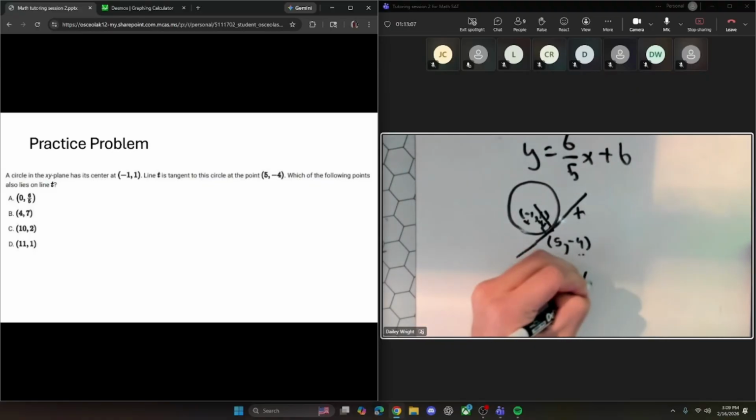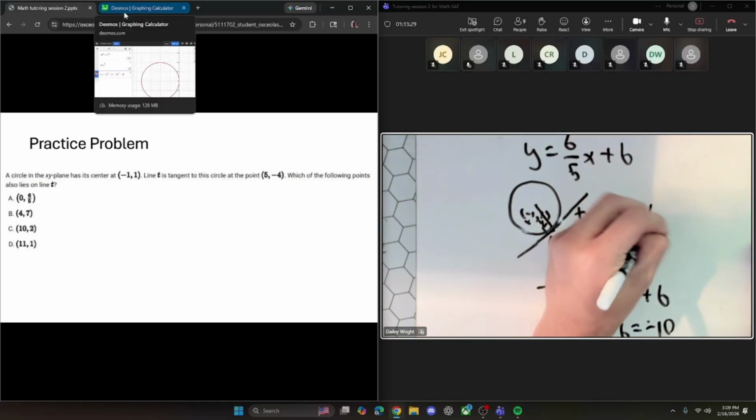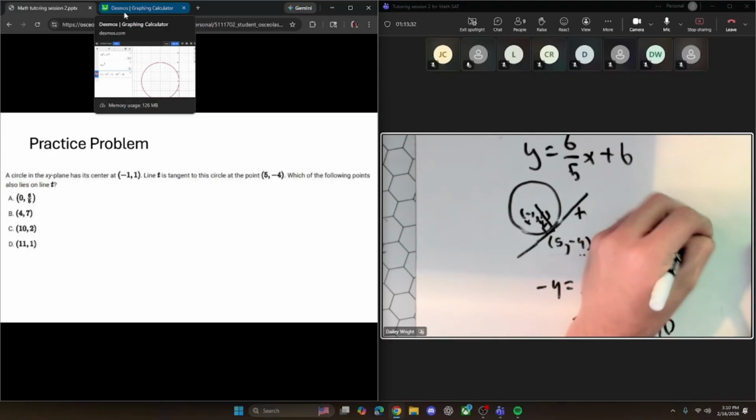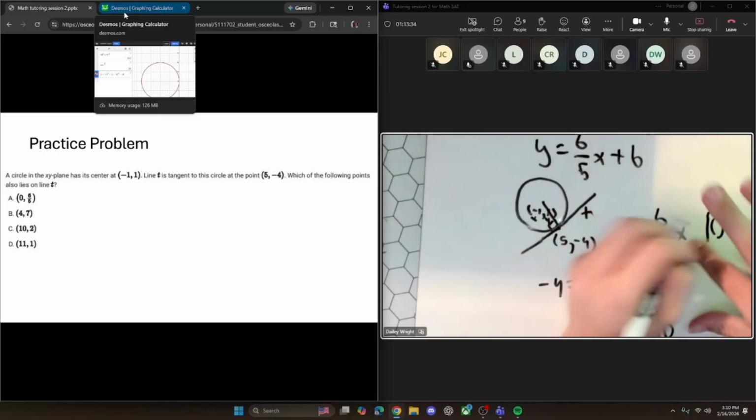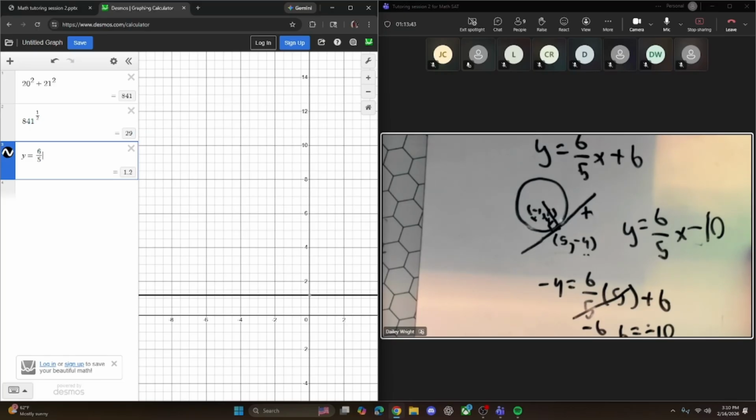Negative 4 equals 6 over 5 times 5 plus b. These 5's will cancel out. This will give us 6 right here. Subtract the 6 over, and b equals negative 10. Now you have your full equation: y equals 6 over 5 x minus 10.